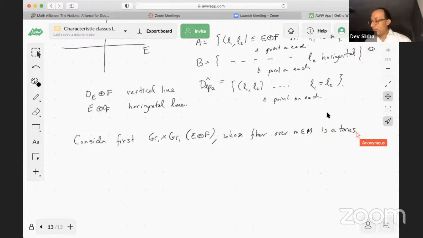So that's nice. I like tori. It's one of the first spaces that we study in algebraic topology. So we have GR1 equals P1 equals S1, right? And here in this, I've got my vertical versus horizontal.